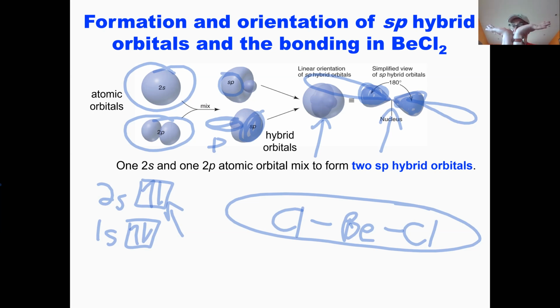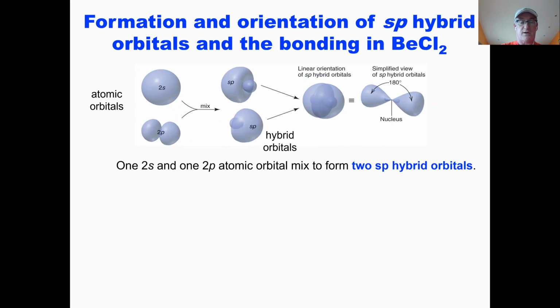Remember, they're separated by 180 degrees, this lobe being 180 degrees from the other lobe. It's the same orbital, but they're 180 degrees apart. So when you mix them together, you get a little bit of both. You have one s and one p mixed to form two new orbitals called sp.